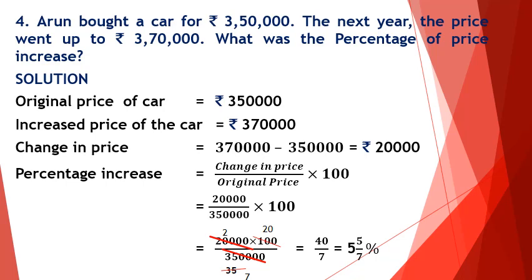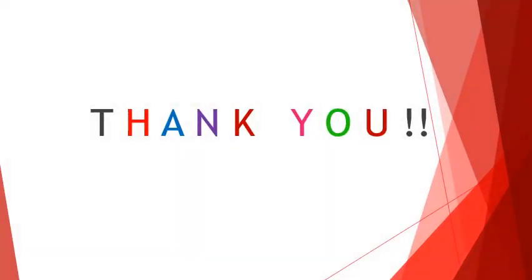Again 35 and 100 can be cancelled. You will get the numerator as 20 and denominator as 7. So while multiplying you will get 2 into 20 is 40 upon 7 percentage, or 5 5 upon 7 percentage. Thank you.